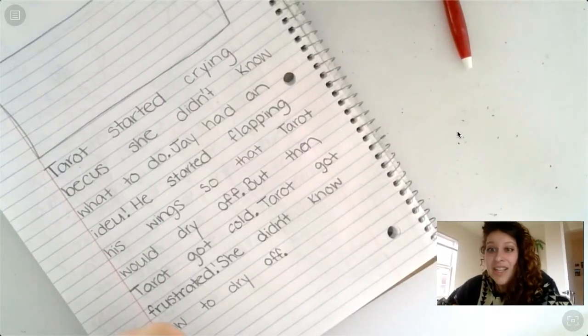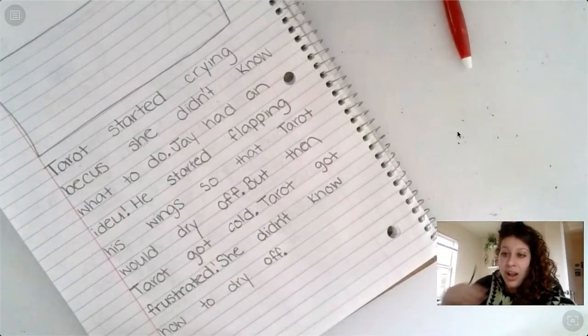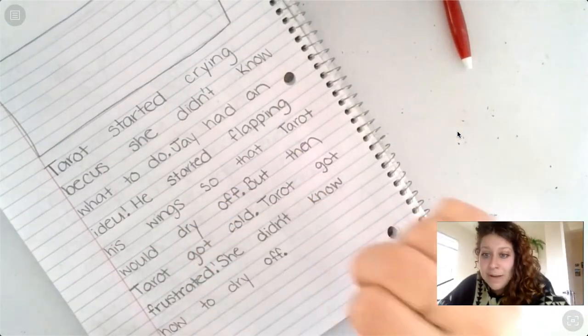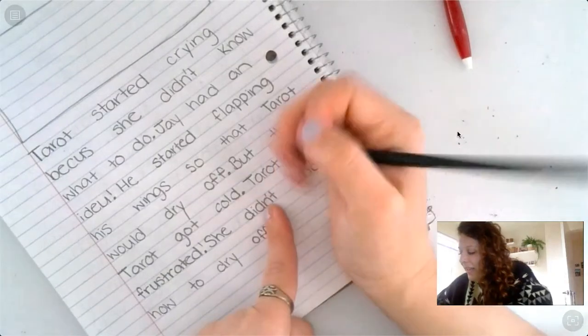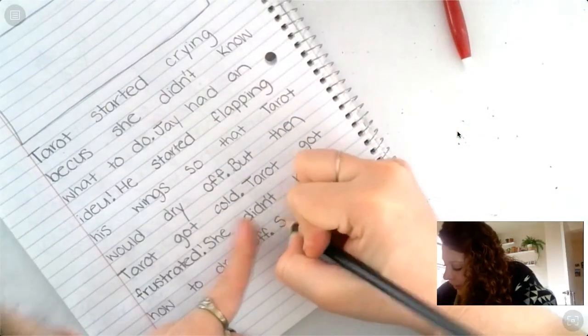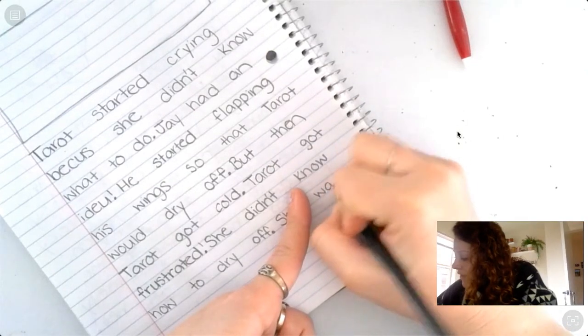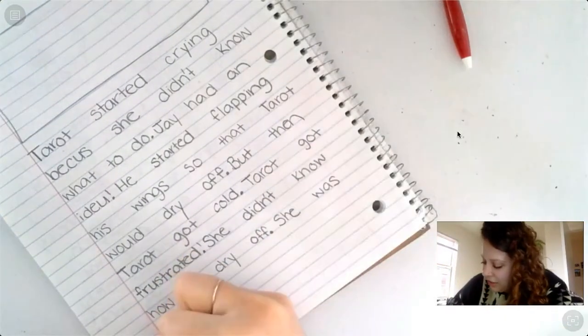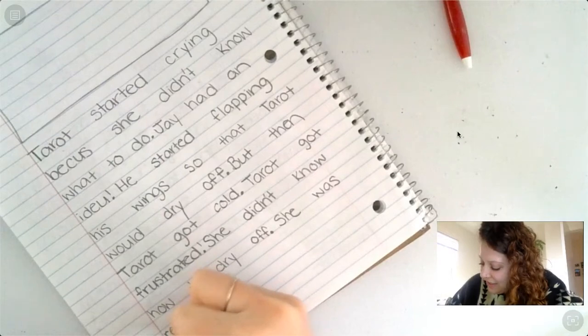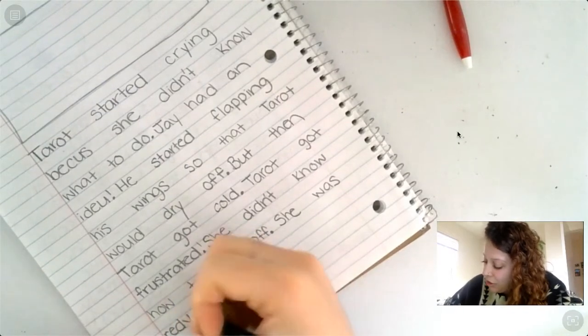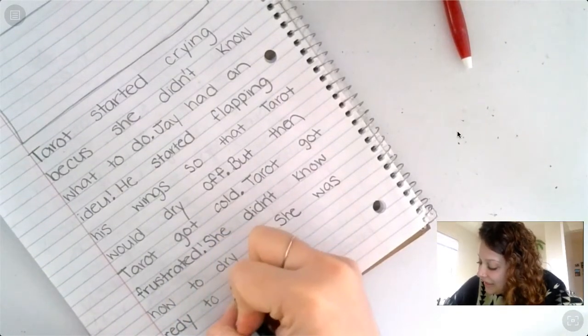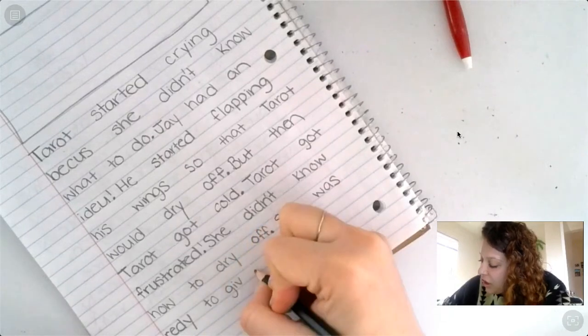I'm going to say she was ready to give up. That's how frustrated she was. She was ready to give up. Uppercase S, she was ready, E-D, E-Y at the end of a word, to give up.